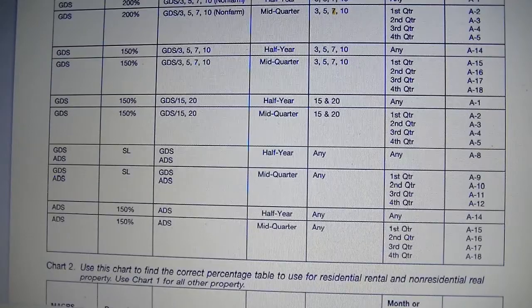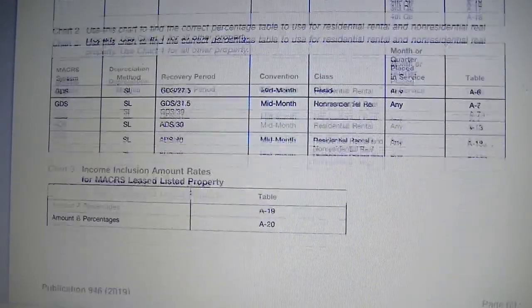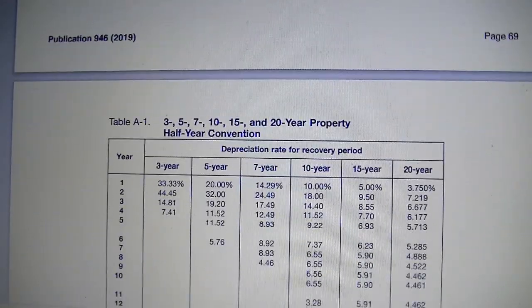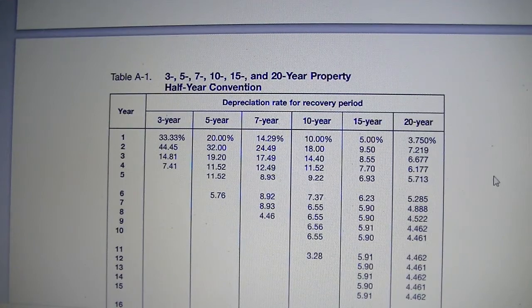So we'll scroll down, we'll put Table A-1 on our spreadsheet, and you saw it there, and we'll go look for Table A-1, and that's the first table after page 69. Table A-1, 3, 5, 7, 10, 15, and 20 year property class, half-year convention. So our recovery period is 5 year, GDS 5 that we saw above.